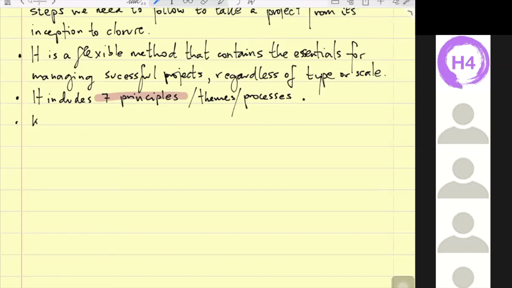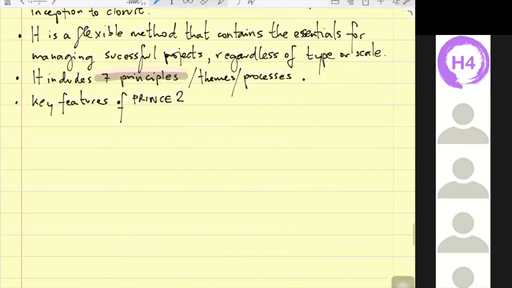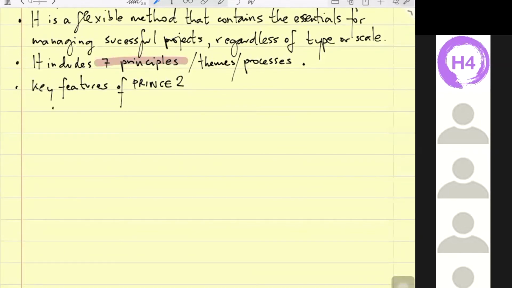So the key features of Prince2 are a focus on continued business success.